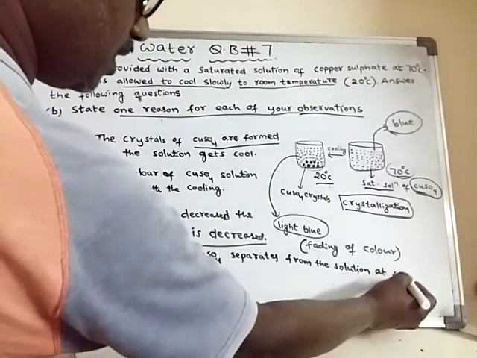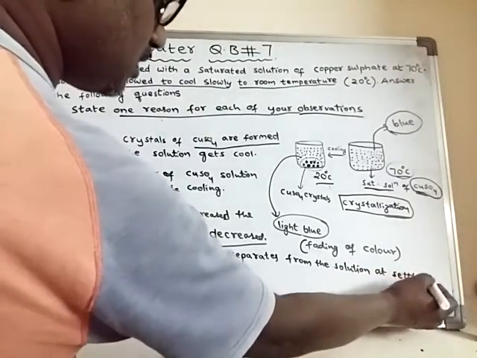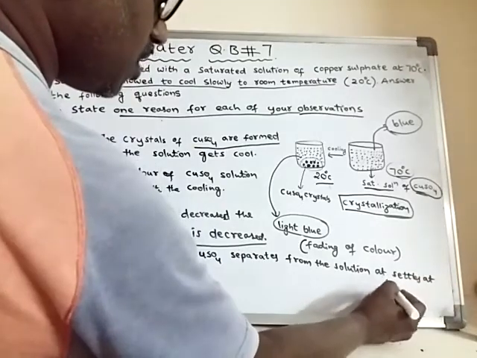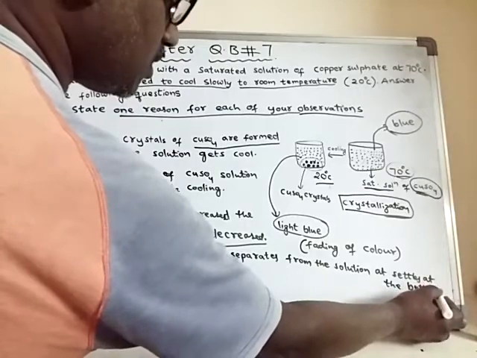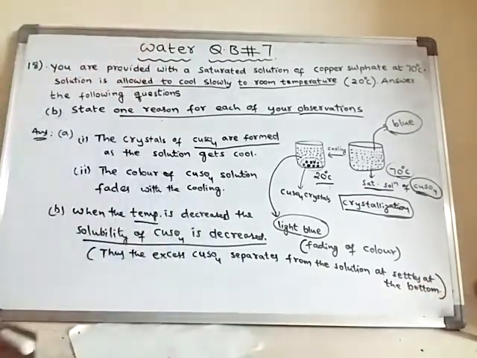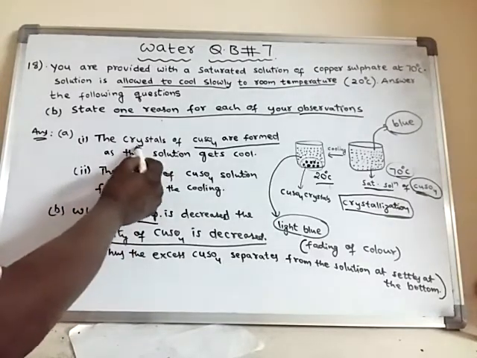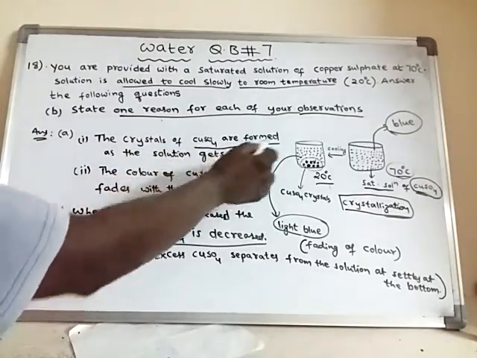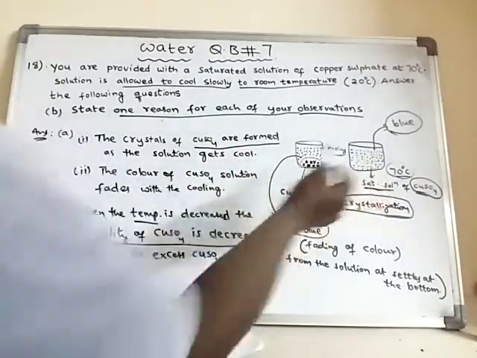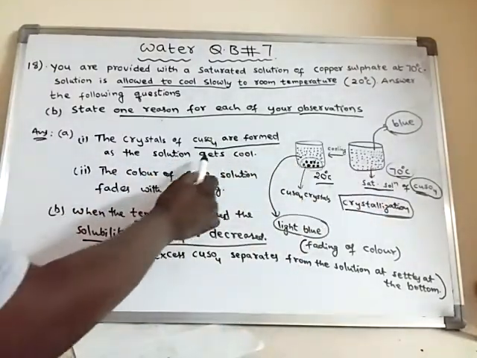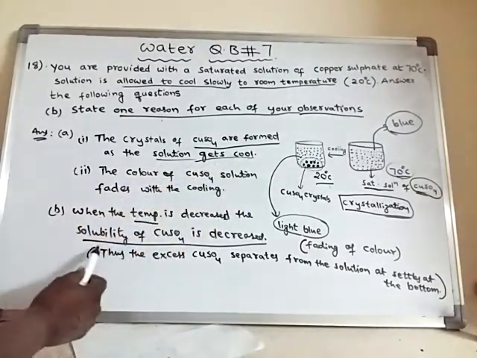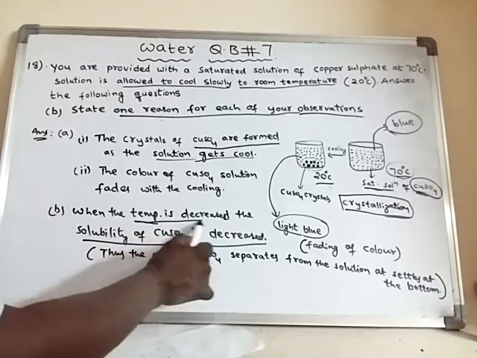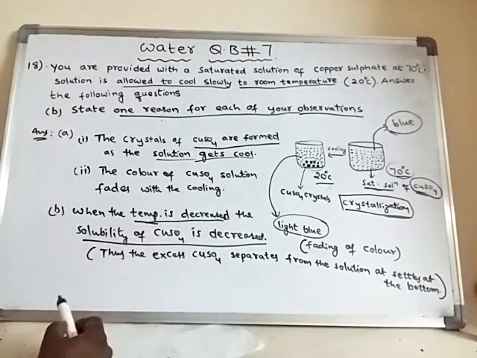And settles at the bottom of the solution. So what is the reason for the formation of crystals of copper sulfate from saturated solution? Because as the solution gets cool, the temperature of the solution decreases.